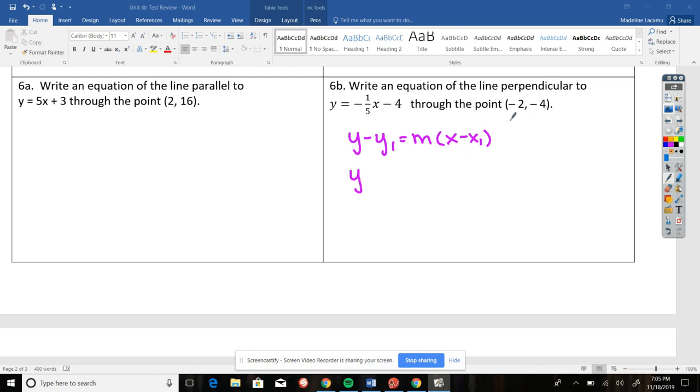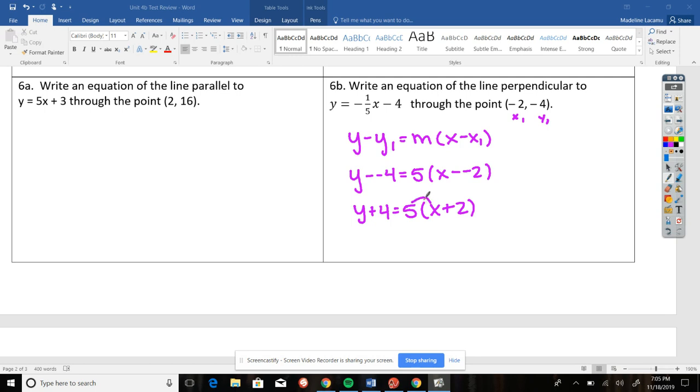And we have our x and our y, so my x1 and y1. So I have y minus negative 4 equals 5 times x minus negative 2. So this becomes y plus 4 equals 5 times x plus 2.